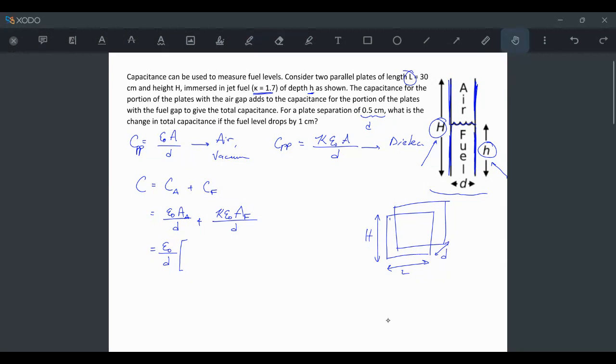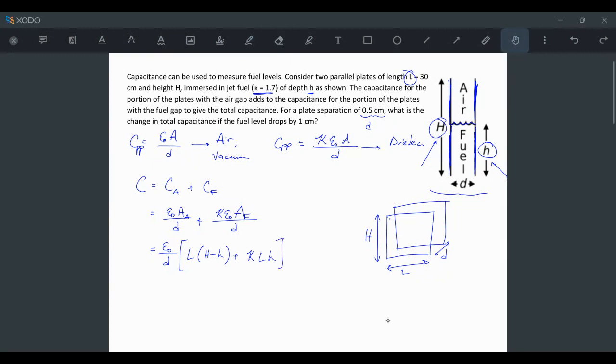Okay, so the area in the air gap is L times capital H minus lowercase h. The area of the capacitor in the fuel region is just L times lowercase h.